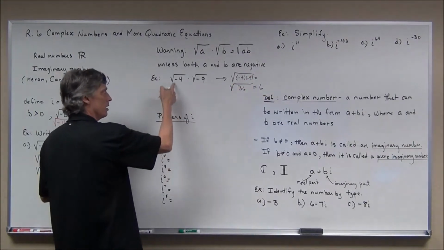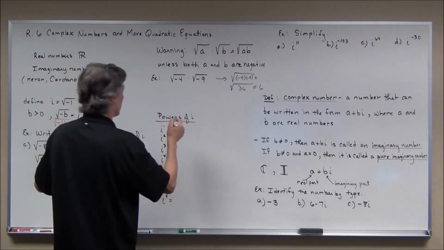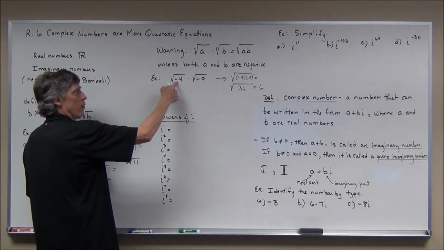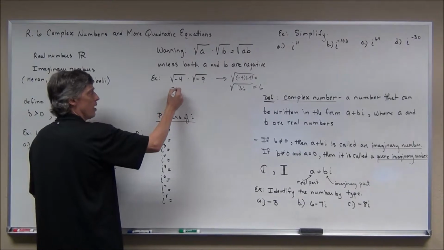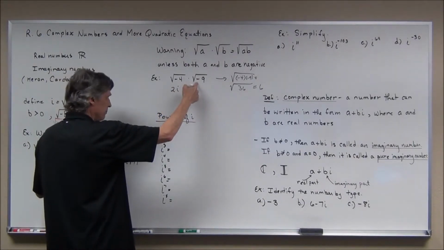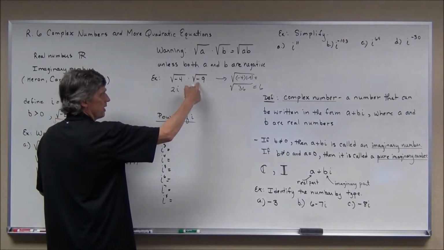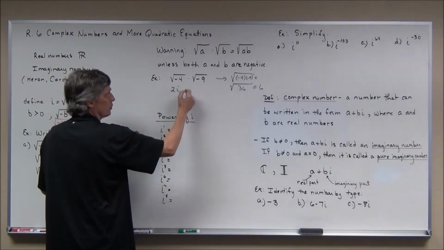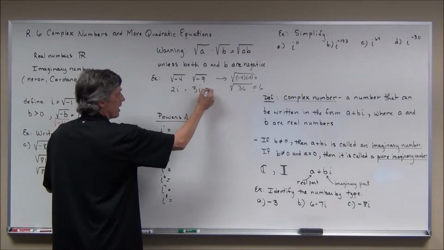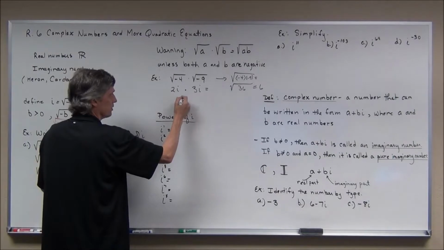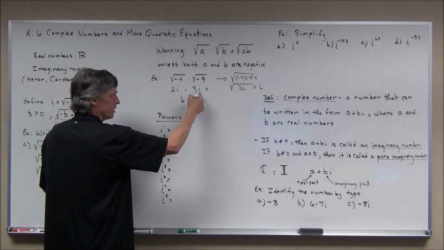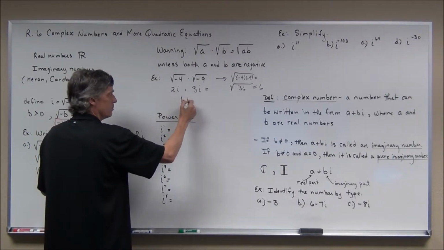Is this true? Well, according to what I just wrote down here, this would be the square root of 4 times -1, or 2i. This would be the square root of 9 times -1, which would be 3i. And if I multiply these together, 2 times 3 is 6, but I have i times i, or i squared.